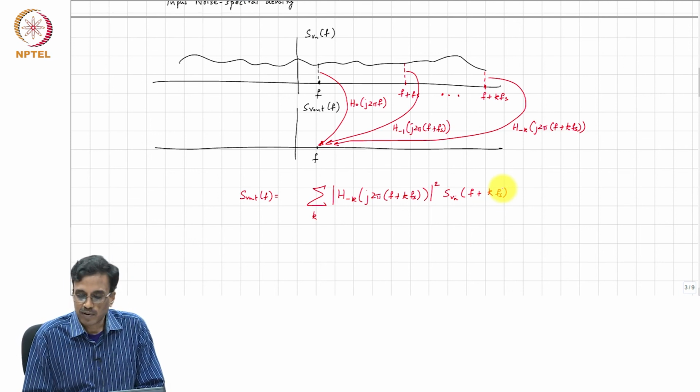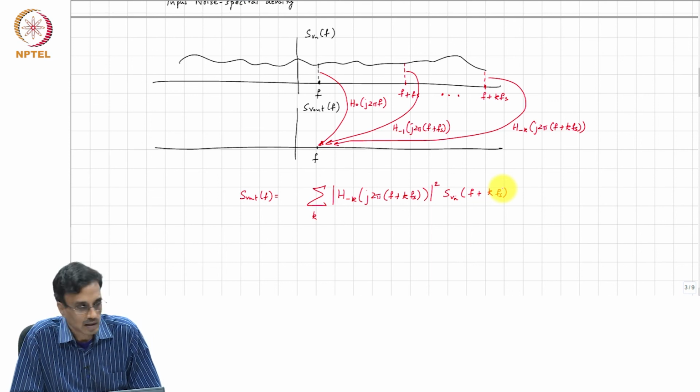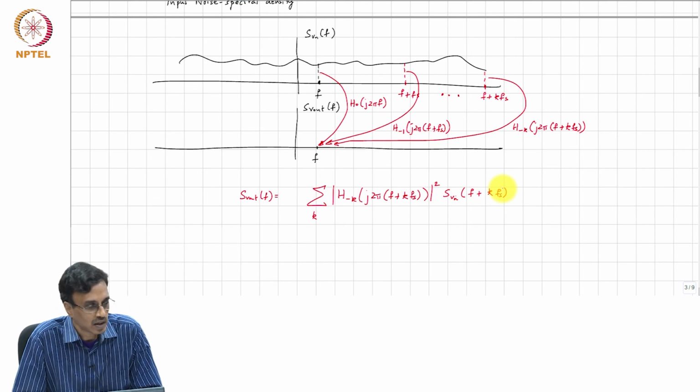And therefore, even for one input noise source, you can see that this is a very messy affair, right.